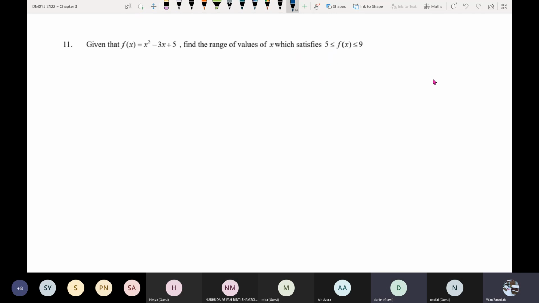Okay, so basically soalan ni macam mana sebenarnya? 5 is in between. Kita buat serentak lah sekali macam tadi. Okay, 5 is in between x square minus 3x plus 5 is in between and include 9.